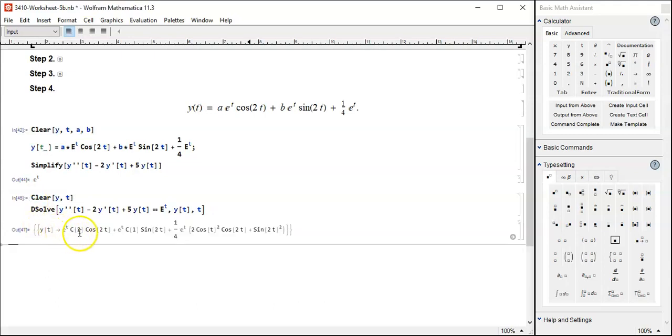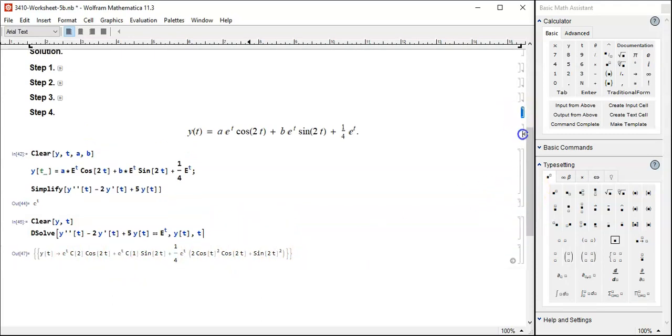Okay, what do you have? Is that the same solution I got? I guess so. It's the same solution. And I have something here, but that's okay. That's going to be absorbed by 1/4 e to the t power, and some additional part will be absorbed by arbitrary constants. So no big deal there. This is okay. So that verifies everything.